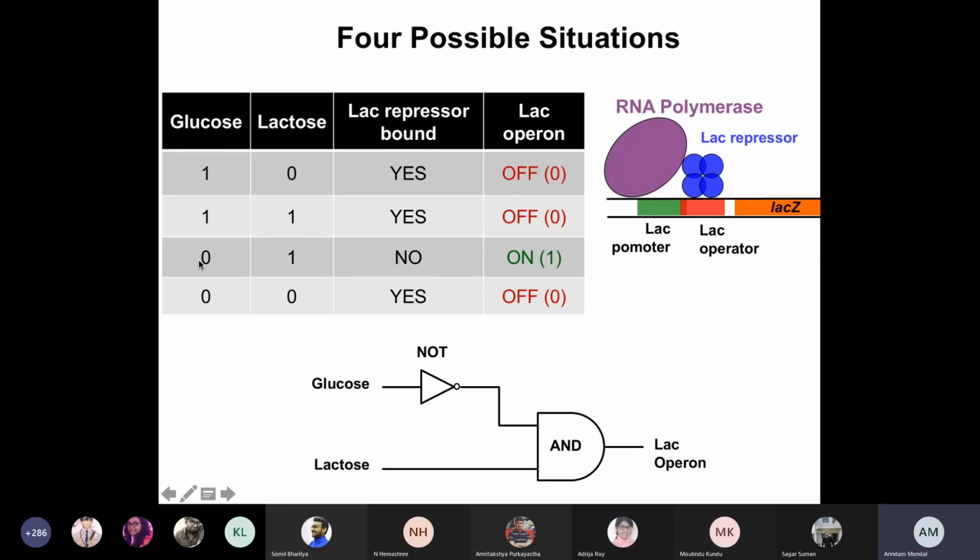Only when there is no glucose, that means 0 and 1, will the lac operon remain switched on. Okay, so in that way, the lac operon can control the expression of the gene depending upon the environmental condition, that is, whether there is no glucose and presence of lactose.